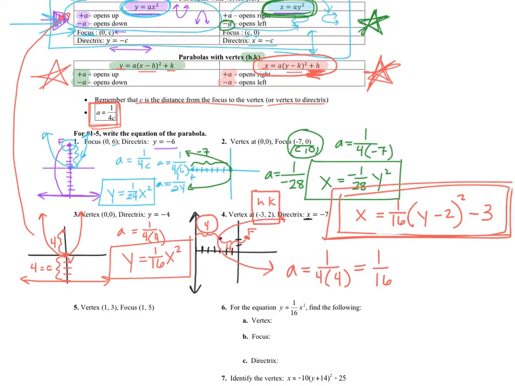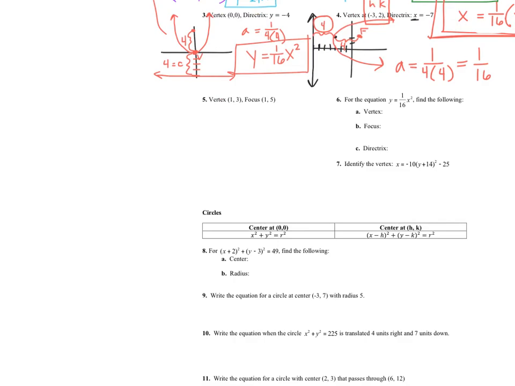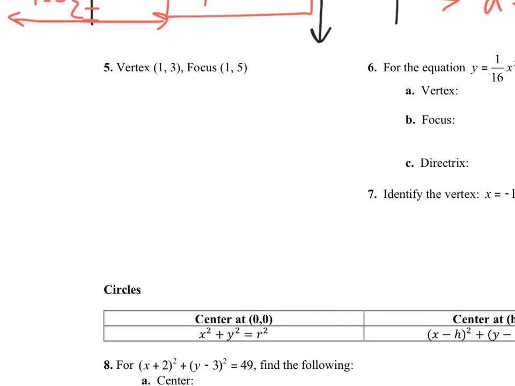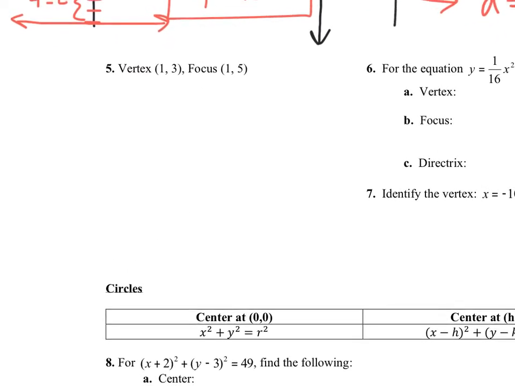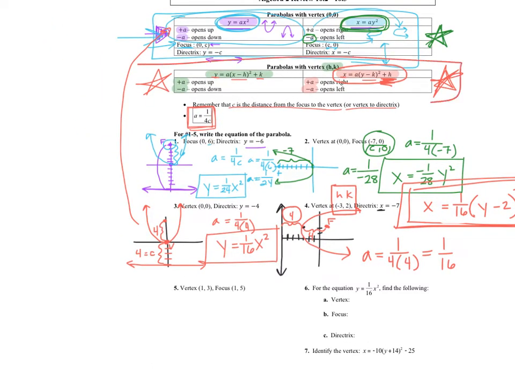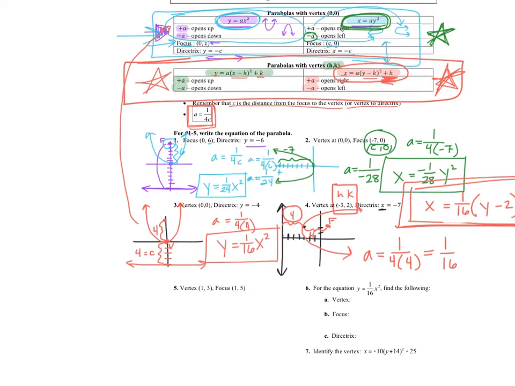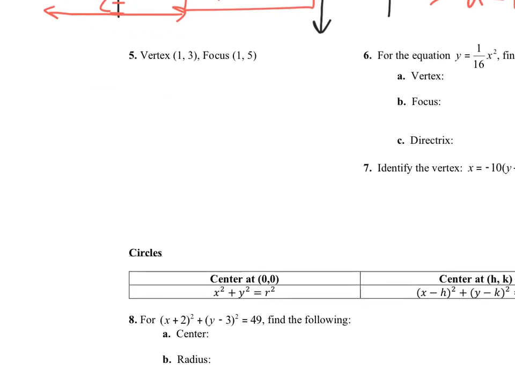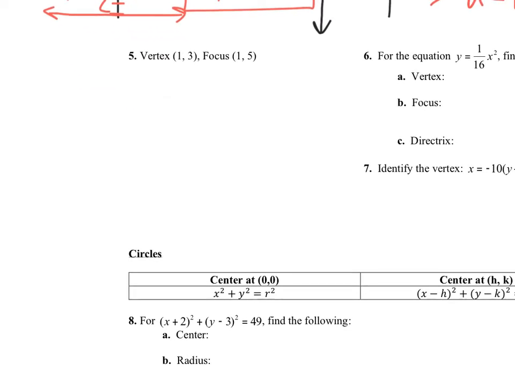Okay. All right, number 5. Again, our vertex isn't 0, 0 on this one. And when the vertex isn't 0, 0, we use this row of information. So if we're going to graph just a visual here, vertex at 1, 3.